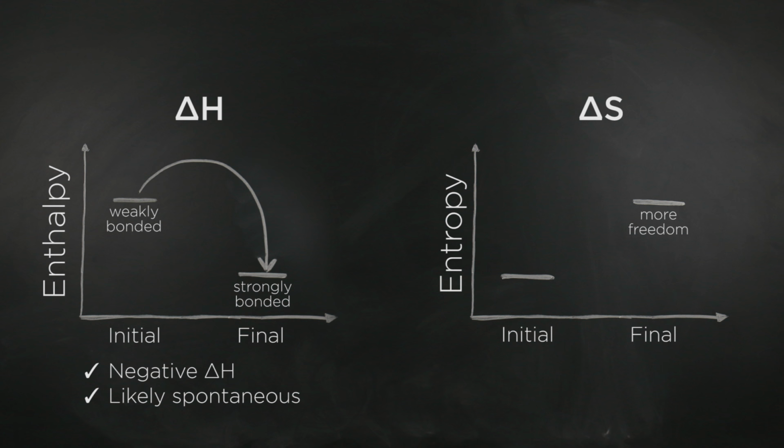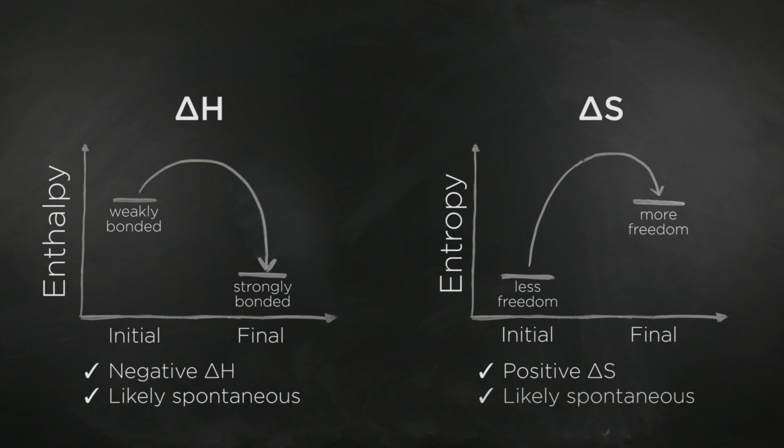Higher motional freedom results in a state with higher S. So if the final state of a reaction gains more motional freedom, delta S is positive. The greater the delta S, the more degrees of freedom, favoring a spontaneous reaction.